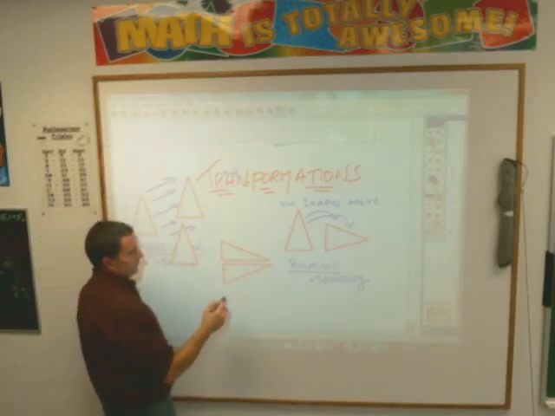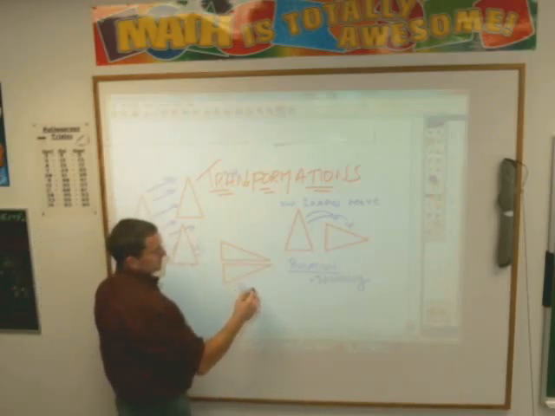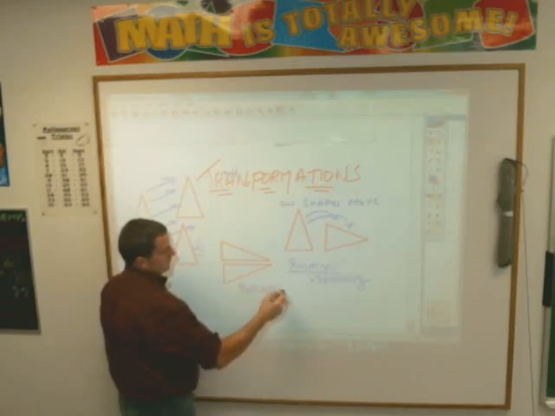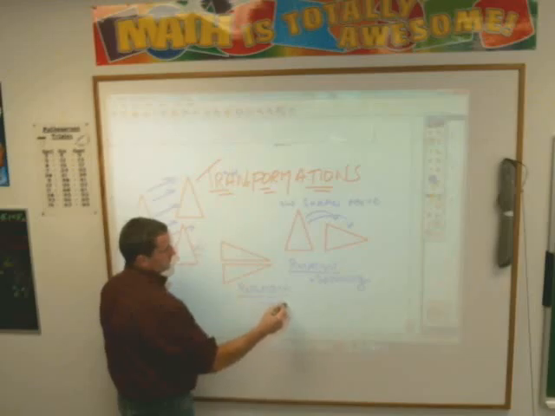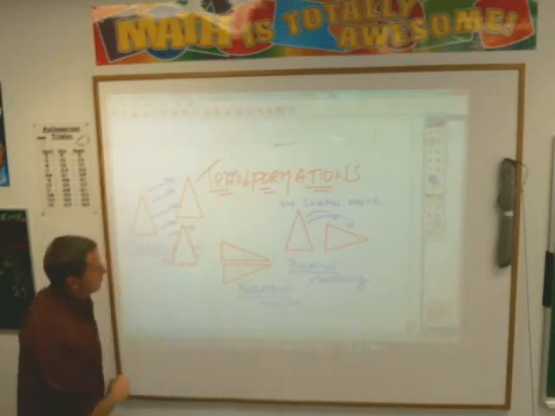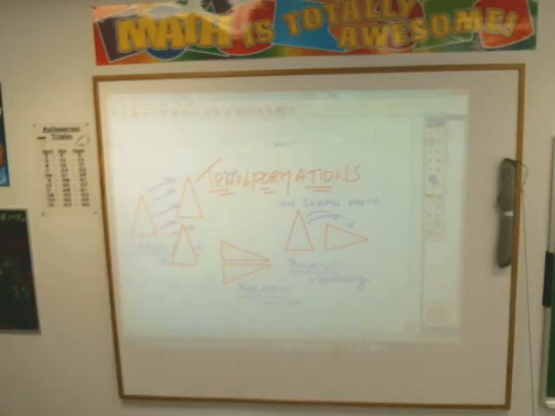Sammy? A reflection. Yeah, a reflection. And I don't know what's a good modern day term for that, kind of like a mirror image of it. Okay, those are basically the three different types of transformations that you are going to run into here.